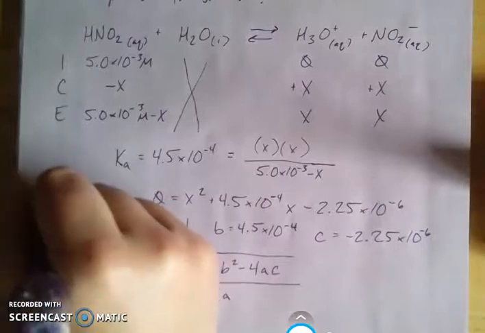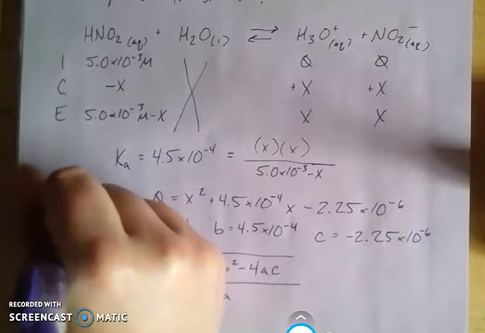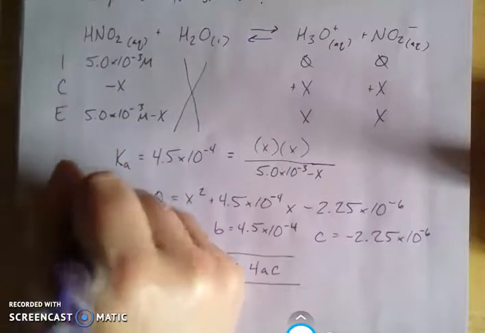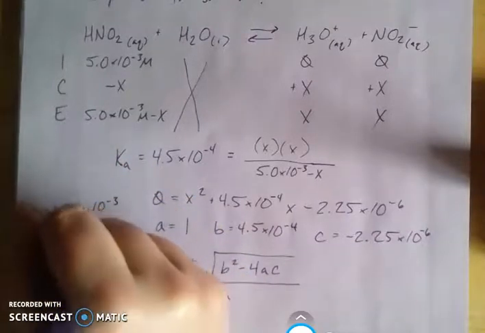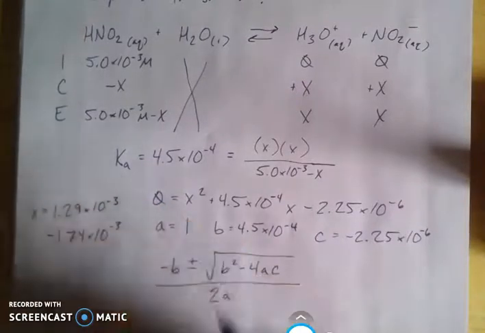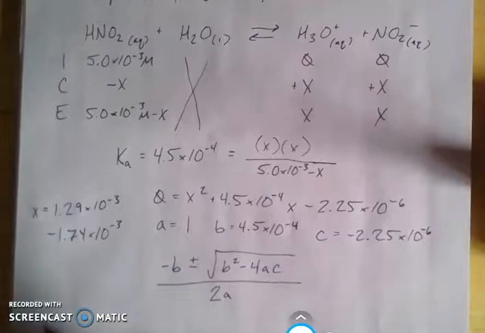So when I plug those in, then I get an x that's equal to 1.29 times 10 to the negative third and negative 1.74 times 10 to the negative third. So these are my two values.